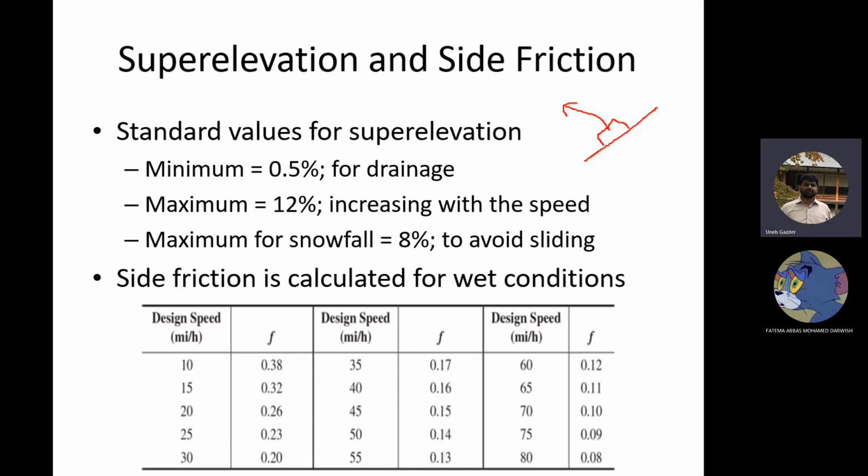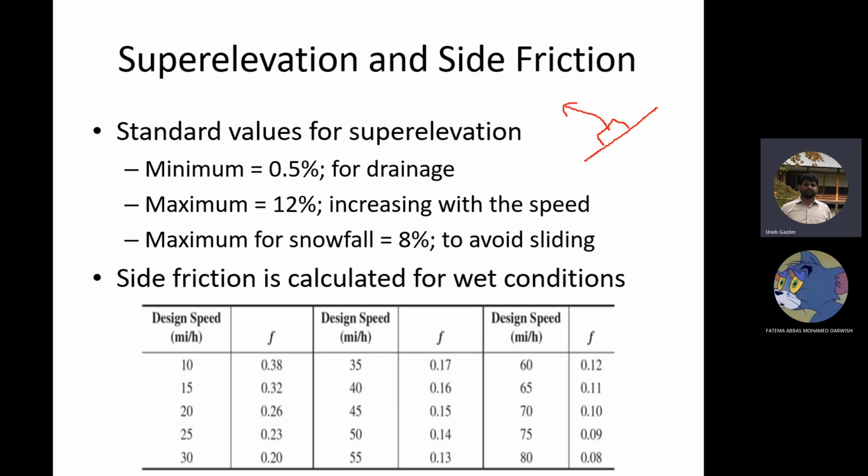Obviously all the cars don't have new tires, and the pavement also gets old, so the friction decreases. To accommodate for these types of cars and for the wet pavement, we avoid very high superelevation. Very high means 12% and 11%, and we try to avoid it.